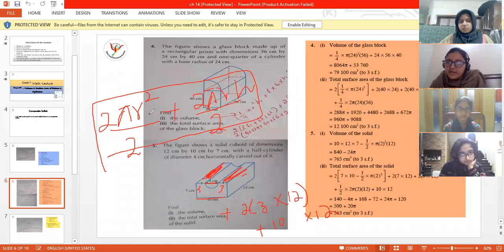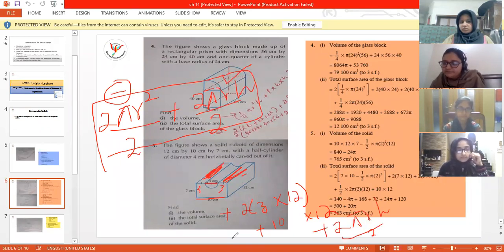The 2 pi r square over 2 was already subtracted from the first side. What is left? 2 pi r h over 2. This will come with 2 pi r h divided by 2. Is this clear? Is this clear to everyone?